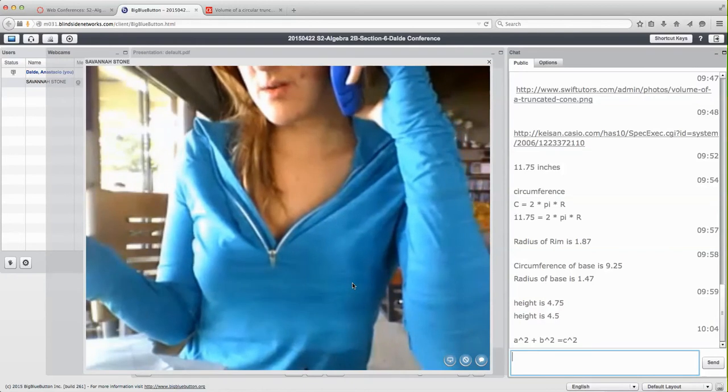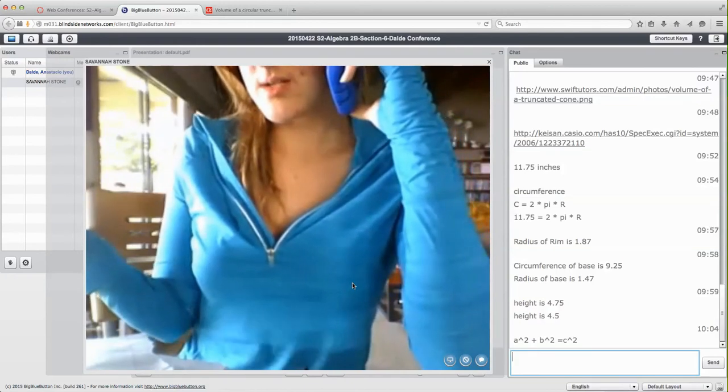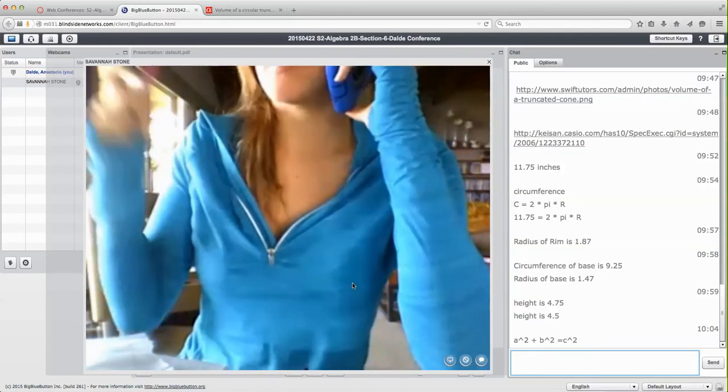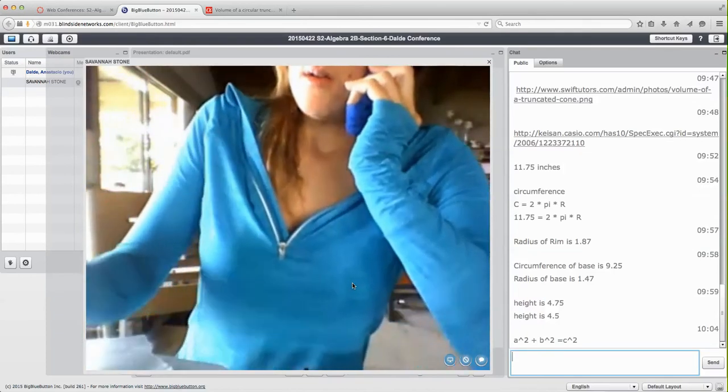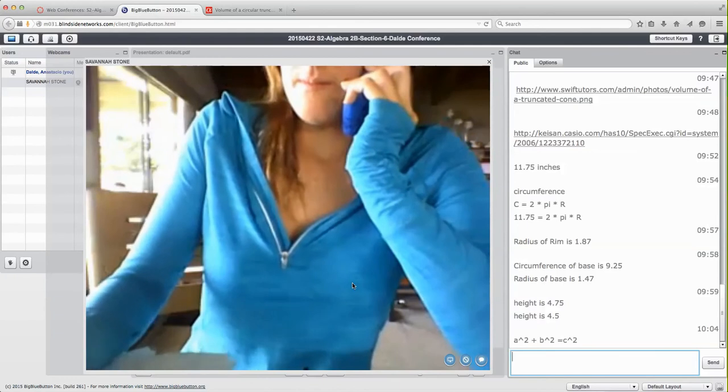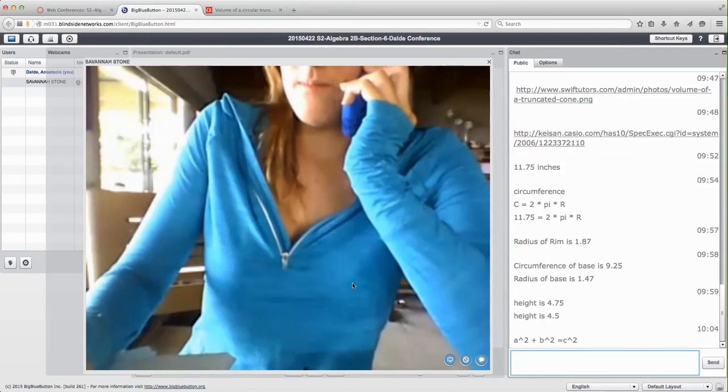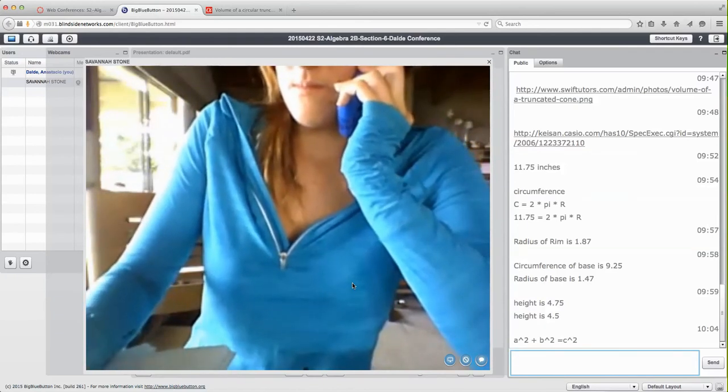A squared plus B squared equals C squared. It's basically saying one side squared plus the other side squared equals the hypotenuse squared. C is always the hypotenuse.